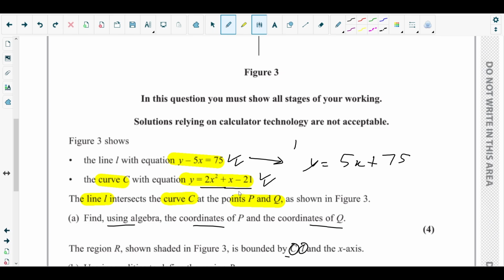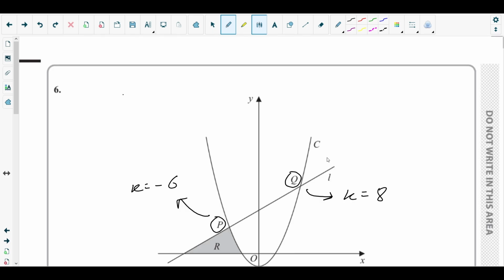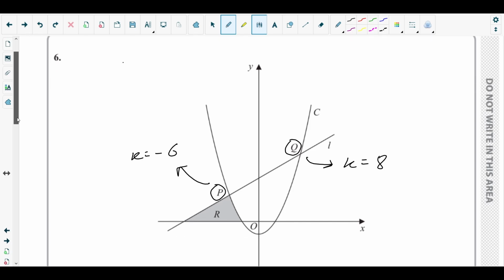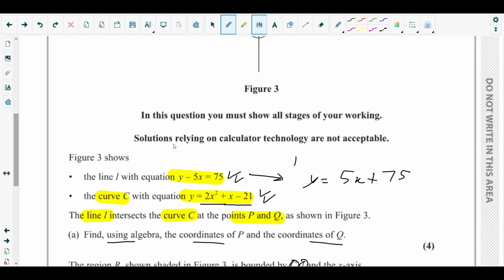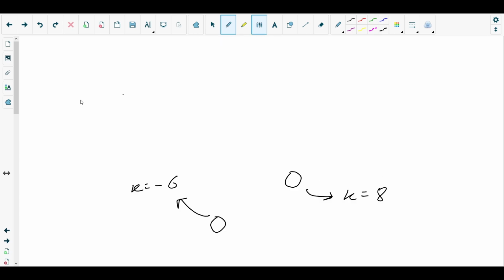So at region R, y values would be less than or equal to 2x squared plus x minus 21. Done. We have considered the position of region R with respect to curve C.